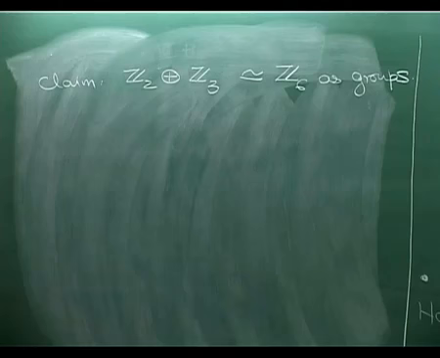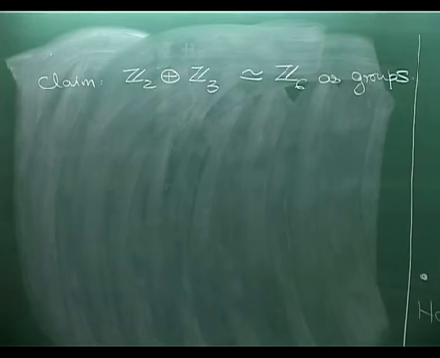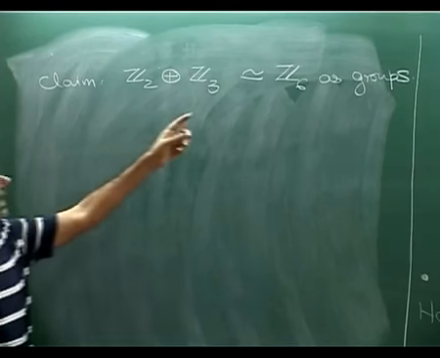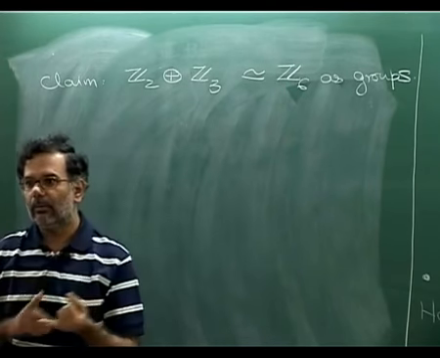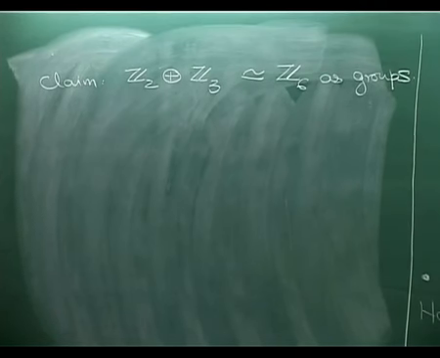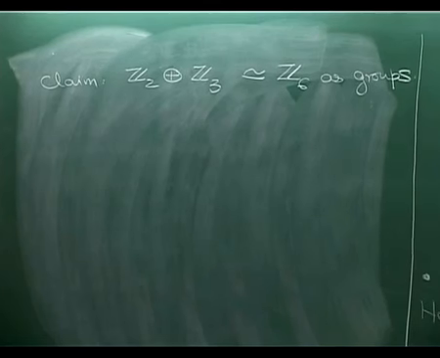I agree, they are not the same set. I am not saying they are the same set. To show that they are isomorphic, I have to give you a homomorphism from one to the other, and that homomorphism should be one to one and it should be onto, right? That's all I need to do. A homomorphism means it preserves structure, and it must be bijective, one to one and onto, which I will do.